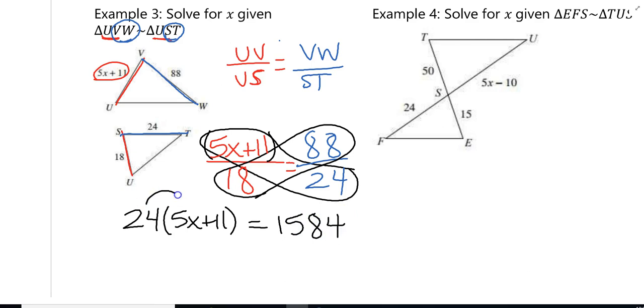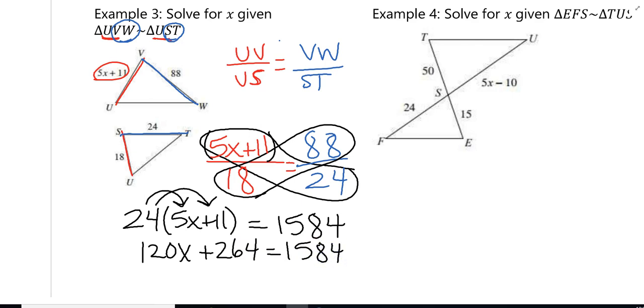Distributing over here, 24 times 5x is going to give me 120x. 24 times a positive 11 is a positive 264. This is still 1,584. I want to isolate my x, so I'm going to go ahead and subtract 264 over to the other side.